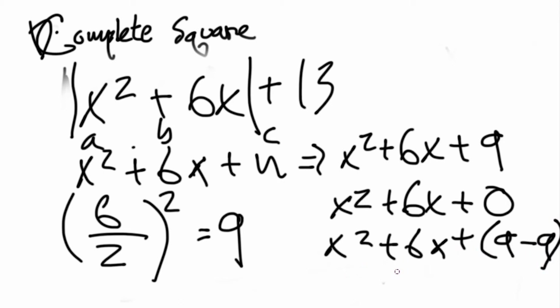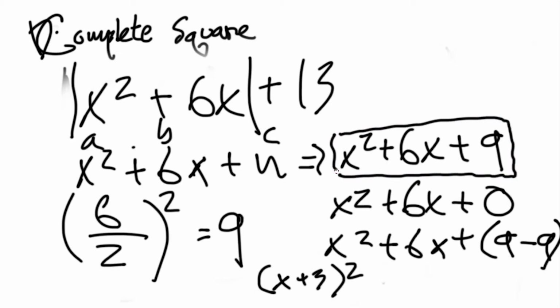It does not change the value at all, because 9 minus 9 is still equal to 0. This is similar to when we're using division and we multiply by 1 on the top and the bottom. It doesn't change the value of the expression. And so we can rewrite this as x plus 3 squared, because x squared plus 6x plus 9 is just x plus 3 squared, minus 9. That's all we did, is we turned it into a square.